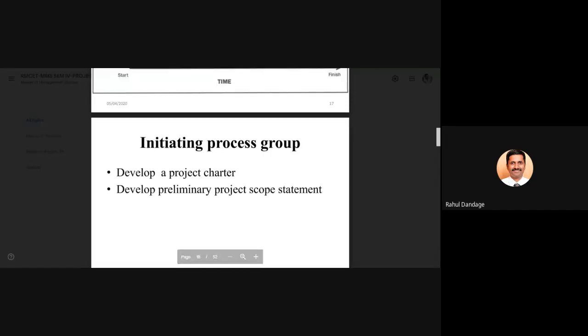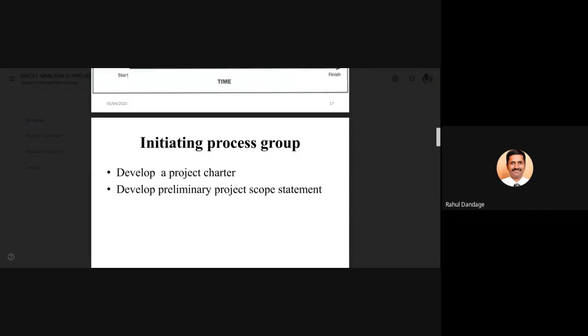If you look at the diagram, initiating process group is spread across a limited amount of time in the project life cycle. There are only two processes. One is developing a project charter.